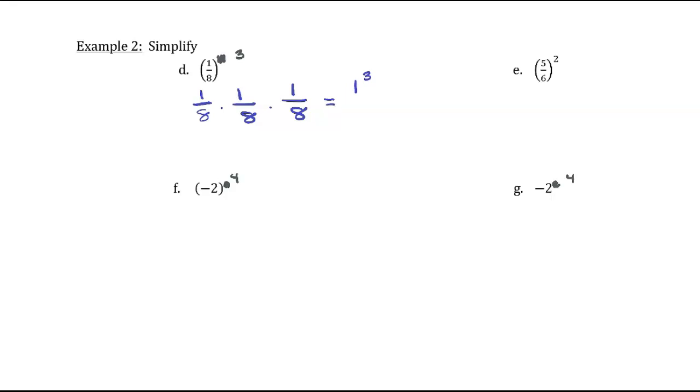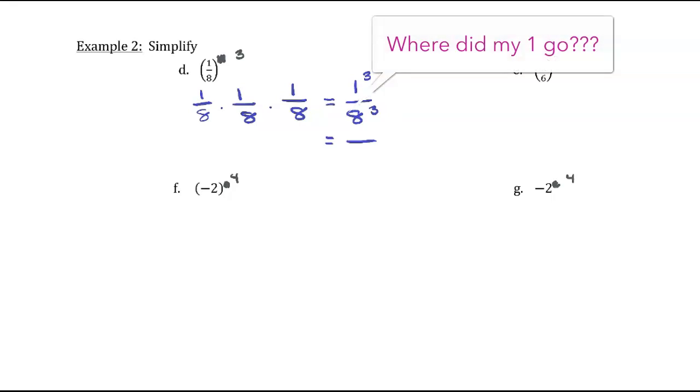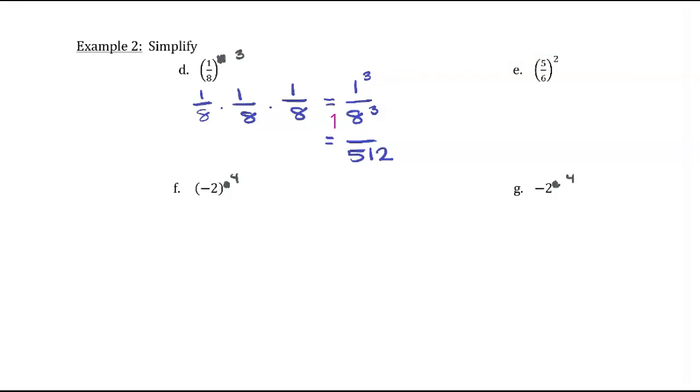And the denominator is 8 times 8 times 8, which is also the same thing as 8 to the 3rd, or 8 cubed. Either way, we need to do 1 over 8 multiplied by itself 3 times. And this comes out to 1 over 512. Take some time to verify these answers yourself.